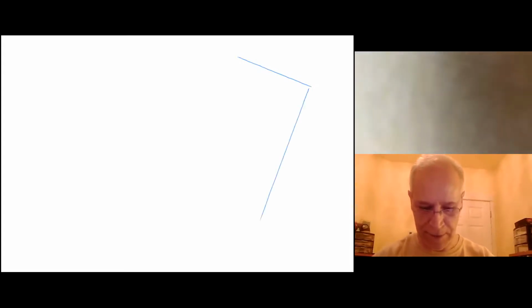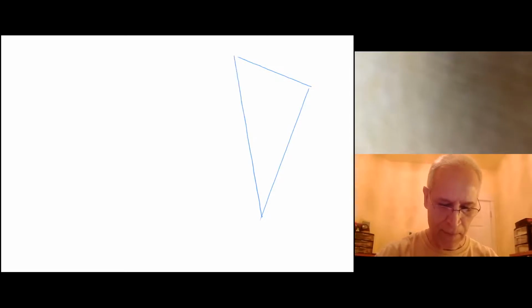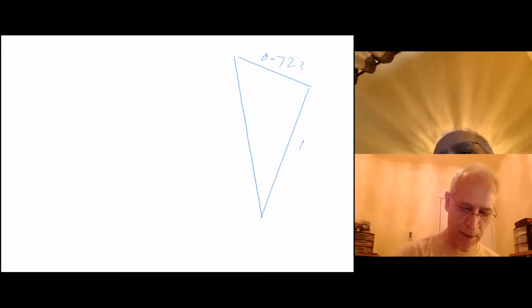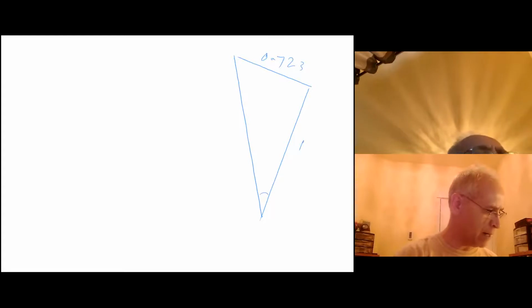Let me go to the next page. I'm going to first use the larger looking triangle, when Venus is in its first position. What do I know? I know this is 0.723, this is 1, and this is 39.4 degrees.